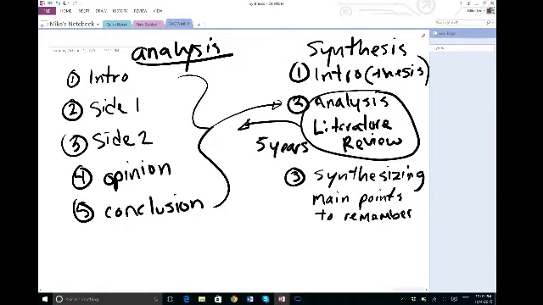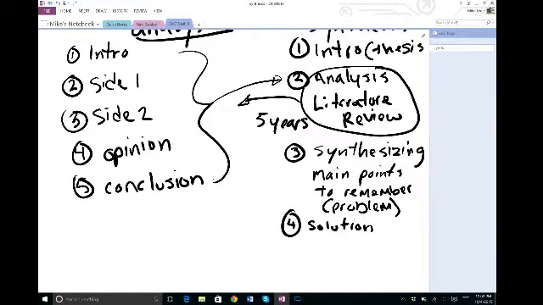And this is typically going to revolve around the problem, because the problem is really where you're going with this essay. What is the problem, and then how are you going to fix it? Because that is section 4, the solution. What is your solution to the given problem that you've been outlining, analyzing, and synthesizing? Now you're going to provide a solution, something new, viable, something that could actually work for your problem. And then of course after that we have the conclusion.